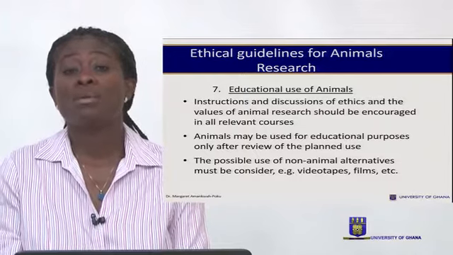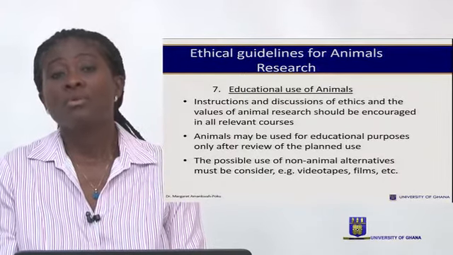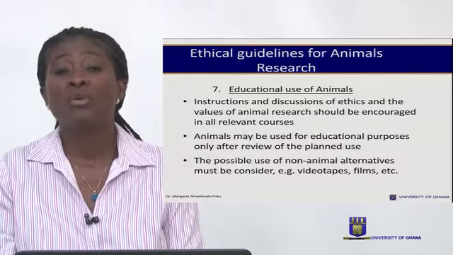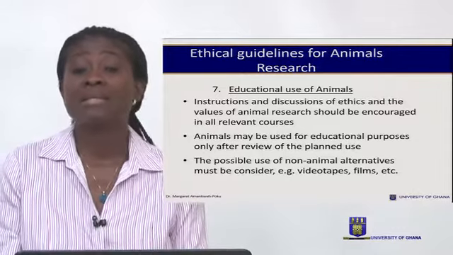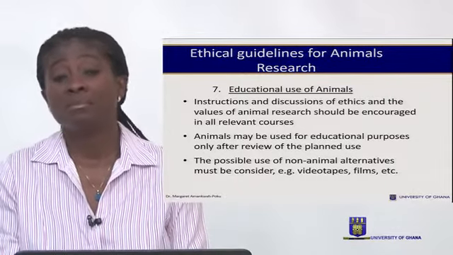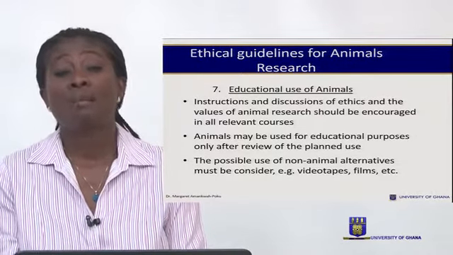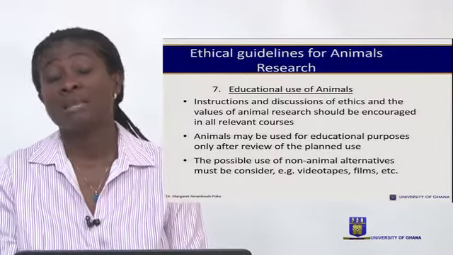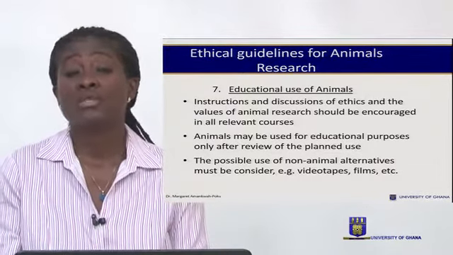And where animals have to be used for educational purposes, you do so only after reviewing whatever planned use this is for. So for instance, if you have to teach your students about the fact that there are some organs in some animals that are similar to humans, you want to dissect the animal and actually show the students about it.